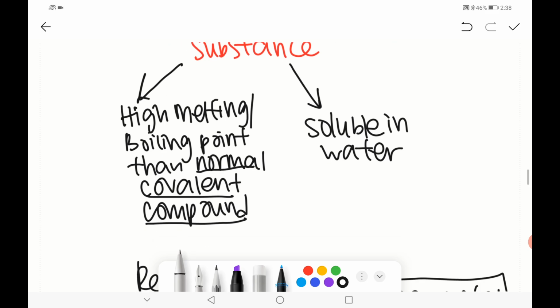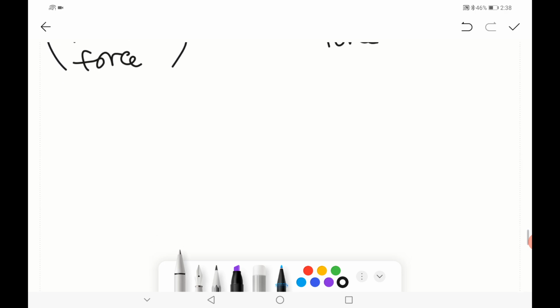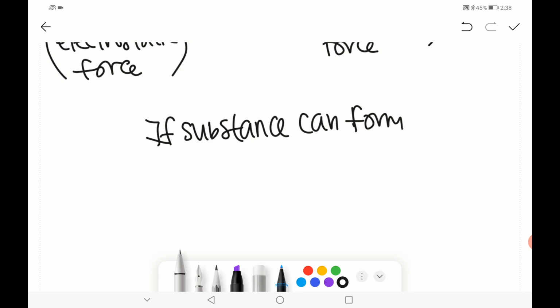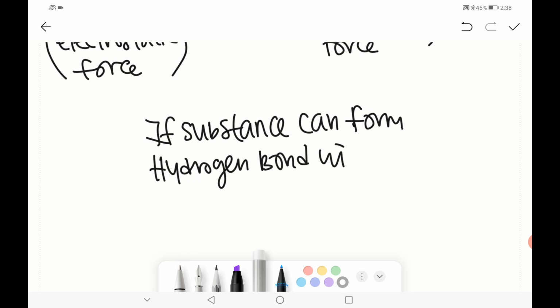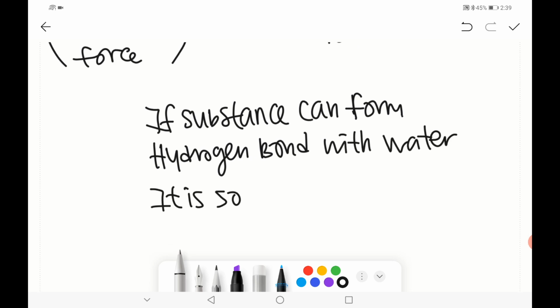The second one is soluble in water. You will learn more about solubility when you go to a higher level, but for now I just want you to understand a very simple idea. If our chemical substance is able to form hydrogen bond with water, then the chemical substance is soluble in water.